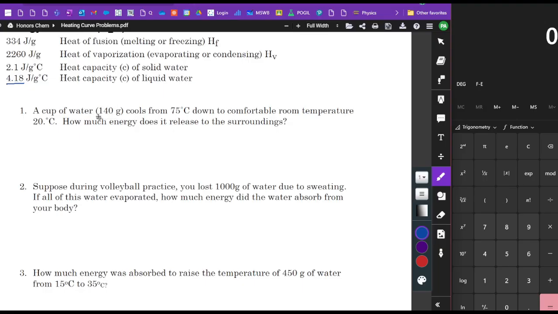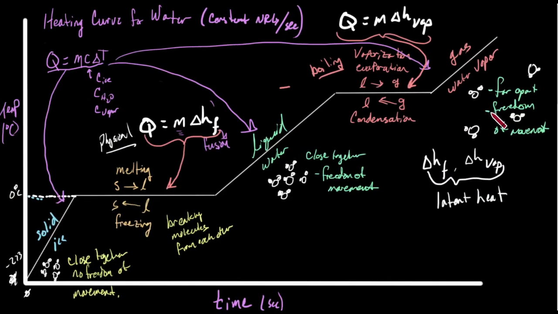So if we have a cup of water that cools from 75 degrees Celsius down to comfortable room temperature, 20 degrees Celsius, how much energy does it release to the surroundings? Okay, so let's bring our curve back. What are we talking about? Water. Just water. Are we going through any phase change? Nope.